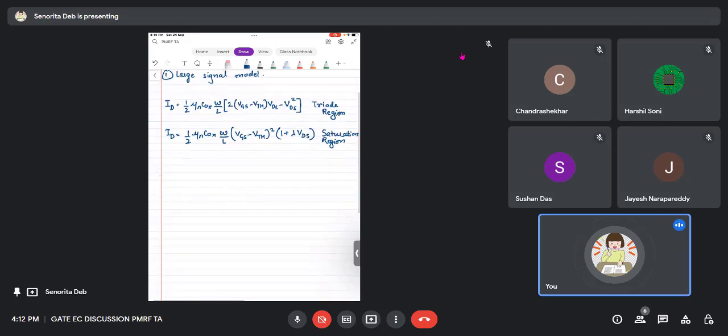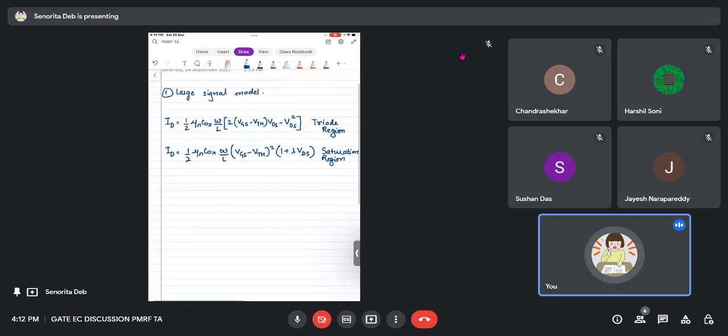Now there was one more condition, so let me write the condition as well. The triode region is VGS greater than VTH, but VDS less than VGS minus VTH, right? Then the saturation is VGS greater than VTH, but VDS also greater than VGS minus VTH, right?